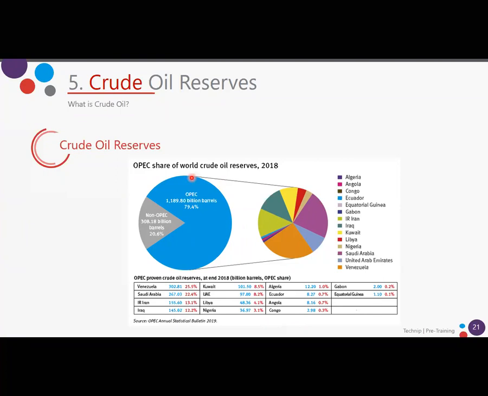These are the crude oil reserve and the production nowadays. The United States is the top oil producing country in the world, okay? They produce like 80 million barrels per day. This is also because they are using the fracking process in the shale formation, mainly in Texas and North Dakota.